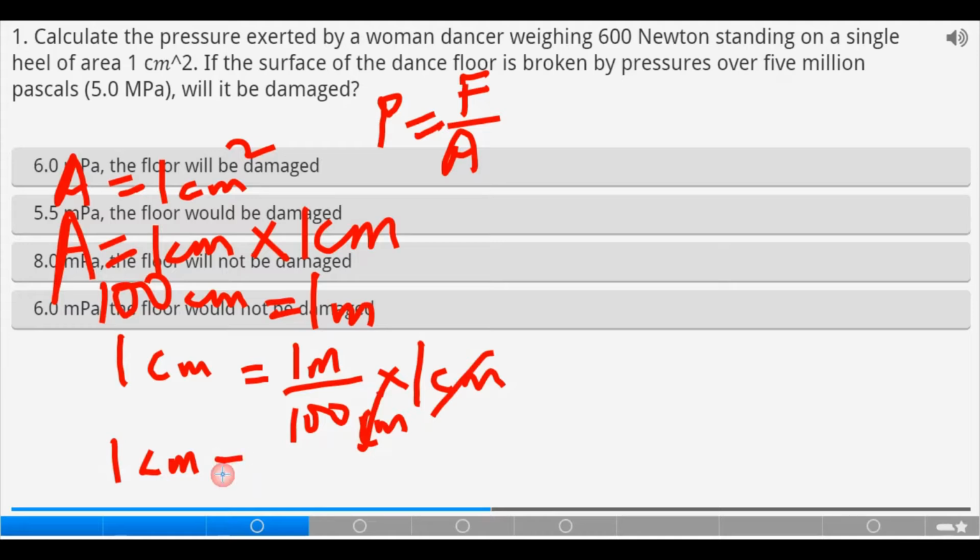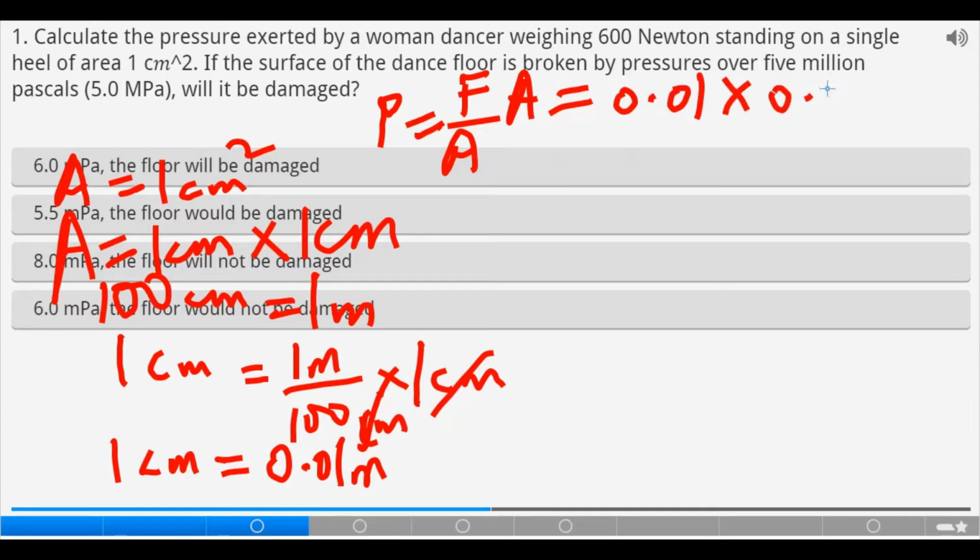1 centimeter is equivalent to what now? That's 0.01 meters. So if we are to have area, that will now be 0.01 times 0.01. That will be meter squared instead of centimeter squared.